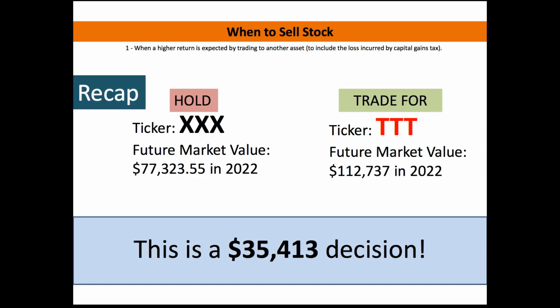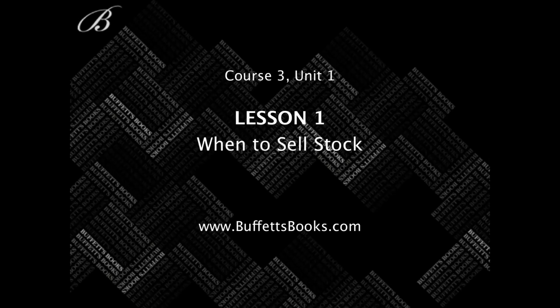So the smart decision here for the intelligent investor and the person who understands security analysis is that their decision to transfer the money and to sell their shares of company XXX and trade them into company TTT is a $35,000 decision. So this concludes Course 3, Unit 1, Lesson 1, When to Sell Stock.